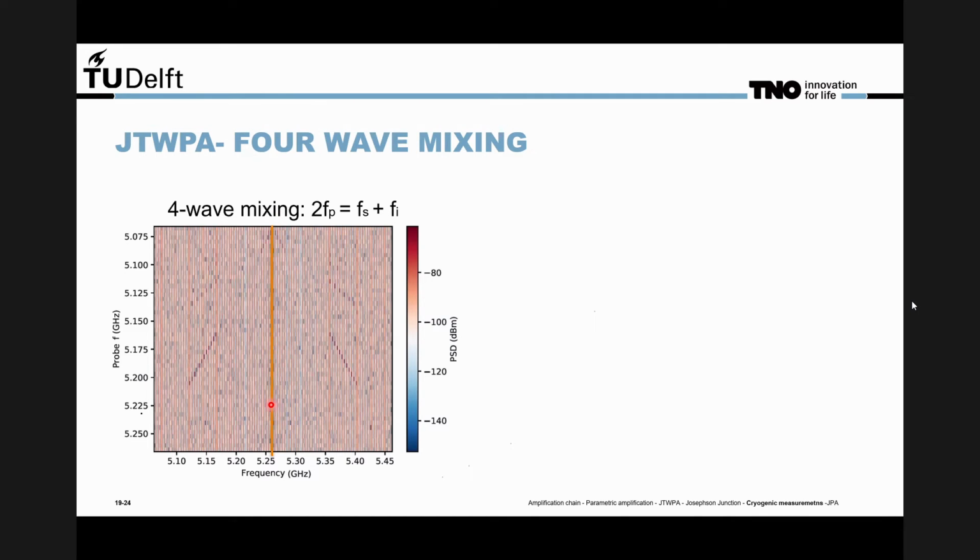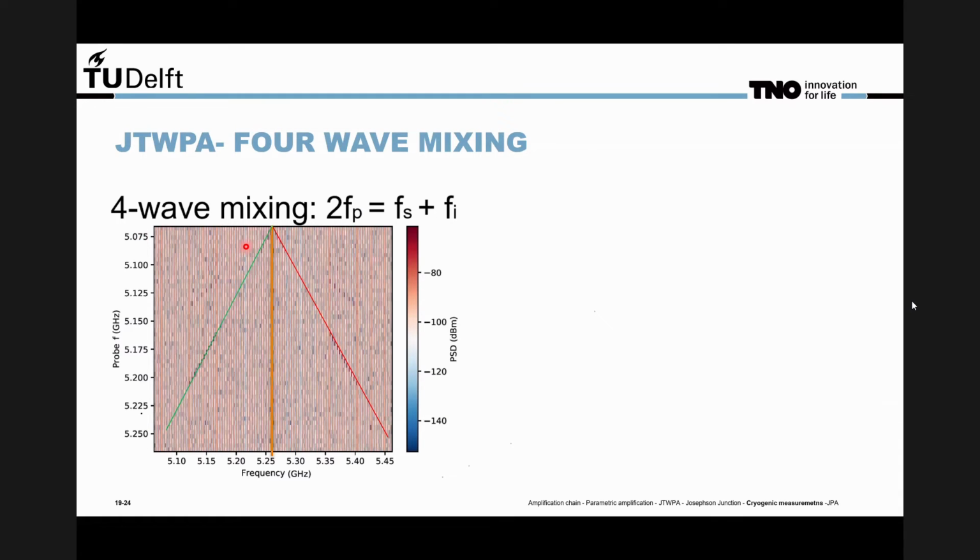We swept the probe frequency from 5.075 gigahertz to 5.25 gigahertz, indicated with the green line here. We saw that sweeping the probe frequency gives rise to an idler frequency, and this was all according to the four-wave mixing formula we see here.